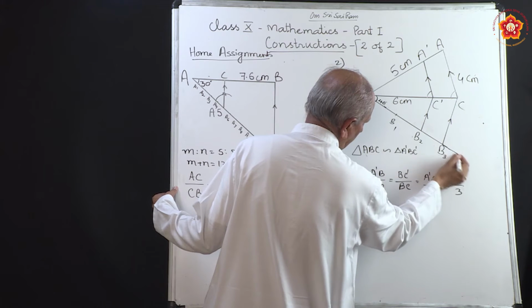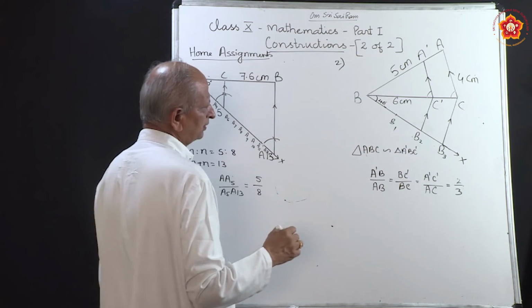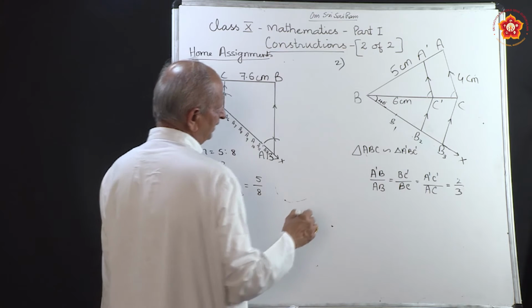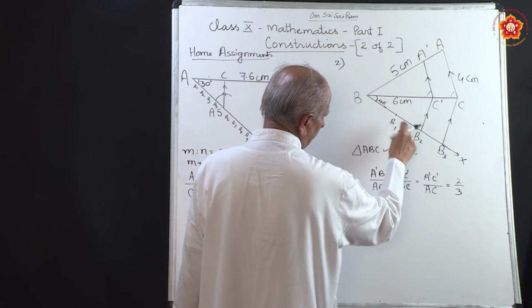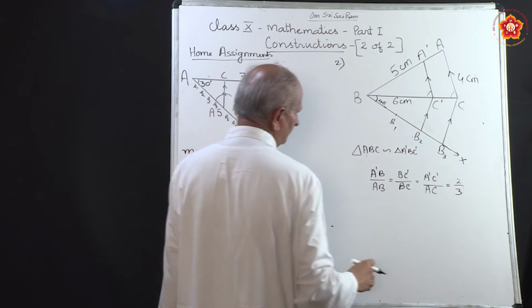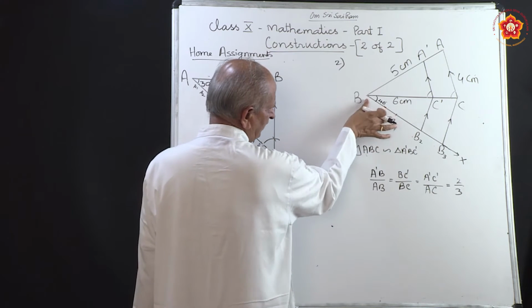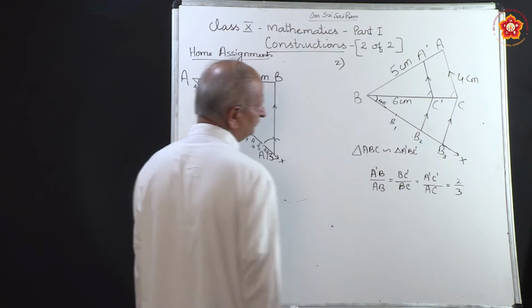and that ray called BX or BY, whatever you want, and in that ray cut off 3 arcs of the same dimension B1, B2, B3, such that BB1 is equal to B1B2 is equal to B2B3.